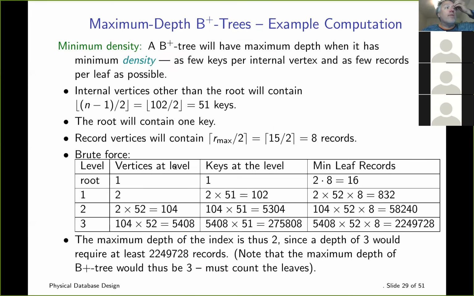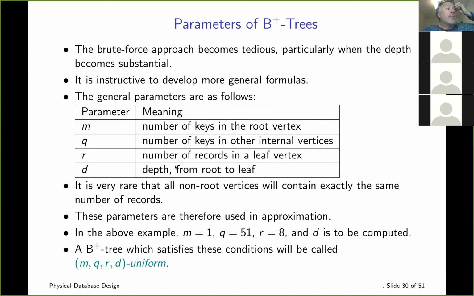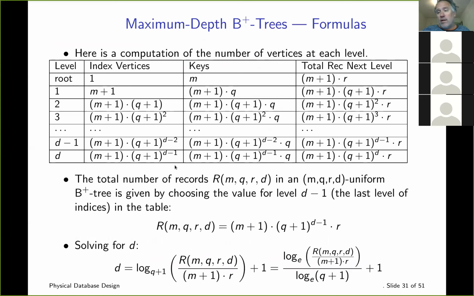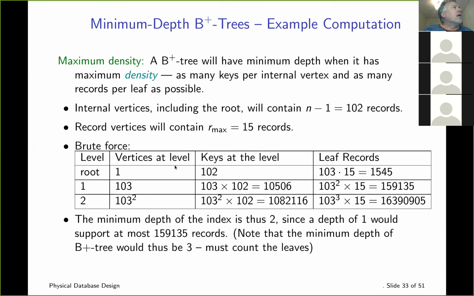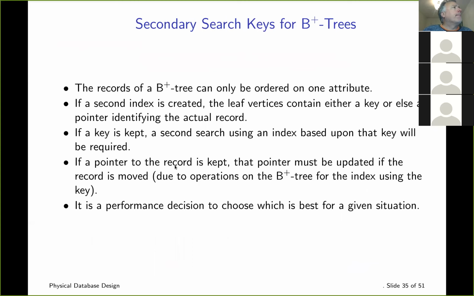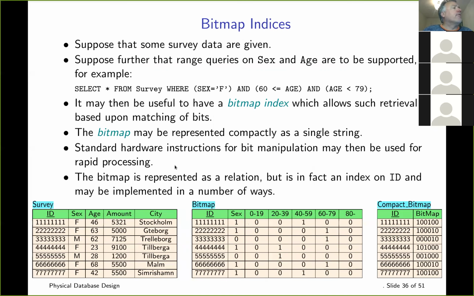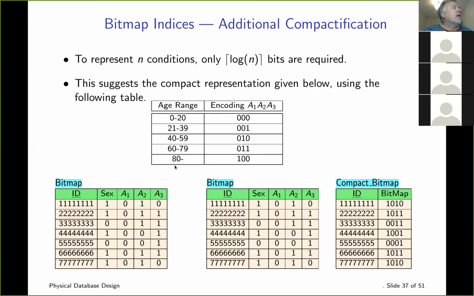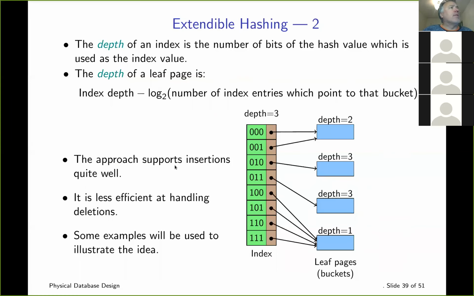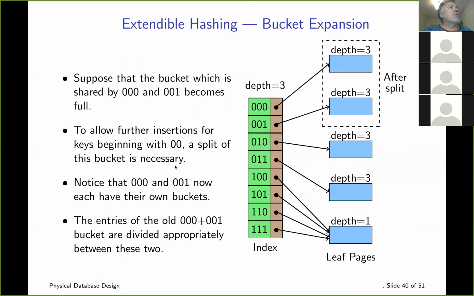Okay, now this is important. This will be important for recitation, to have some familiarity with these equations. I'm going to give you a paper example, and I'm going to want you to determine what's the likely maximum height, or what is the maximum possible height, and what's the minimum possible height of a particular B+ tree under a set of assumptions? Then we covered a little bit of these bitmap indexes. And finally, we talked a little bit about extensible hashing.